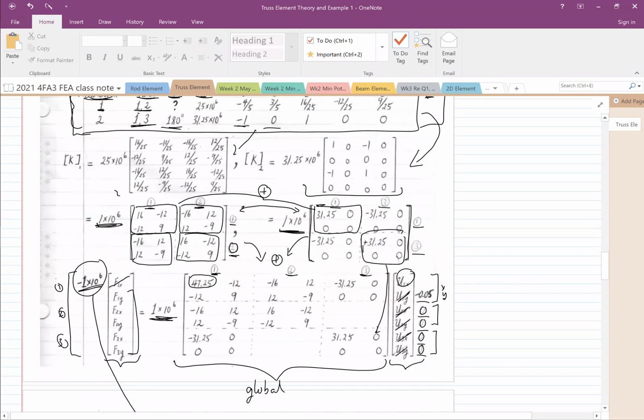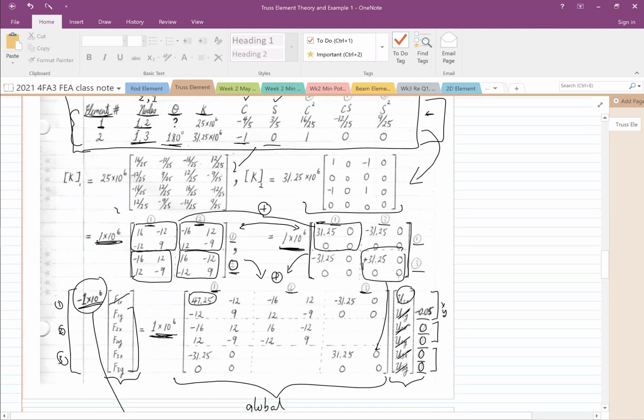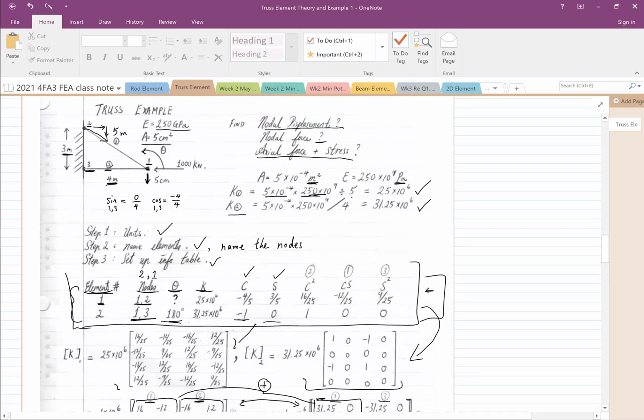And after we merge the global stiffness matrix, we apply the boundary condition. Okay, we lock the nodes, and when we lock something, the 6x6 matrix is down to 2 only, which is a lot better for calculations.